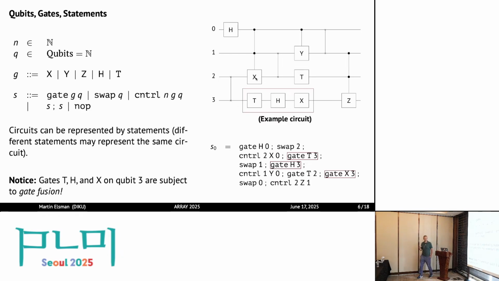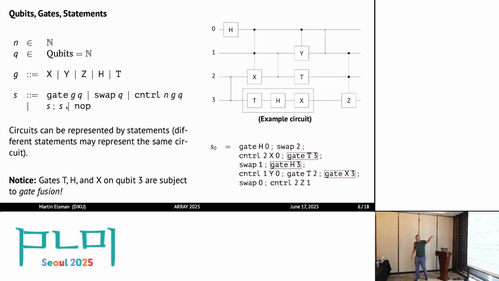That's the idea of the notation, and that's specified using this control gate. Then you can put two statements in sequence, and finally you also have a no operation gate, which can be used if you want to specify certain identities and so on.